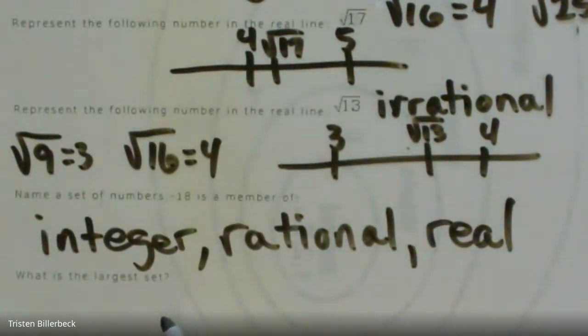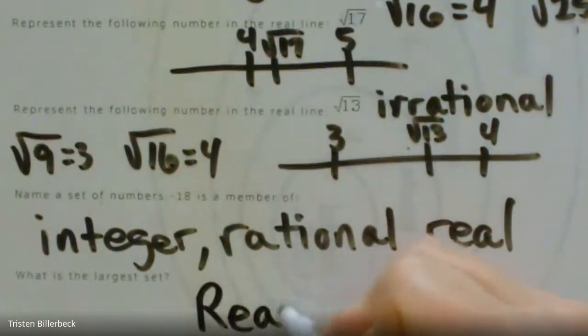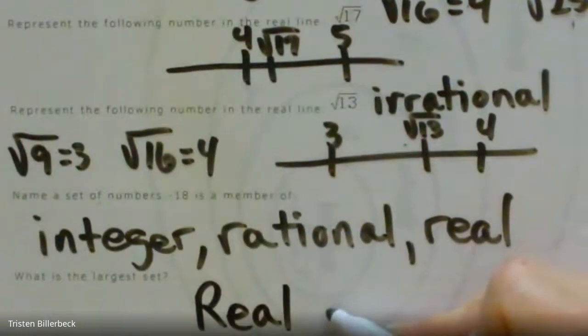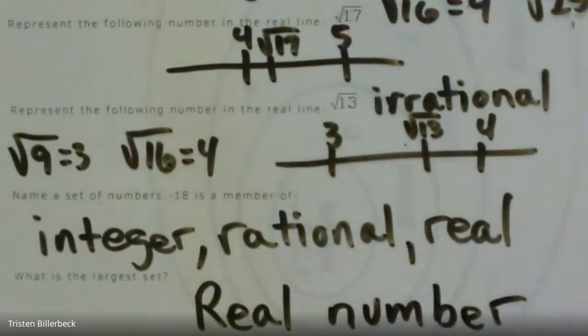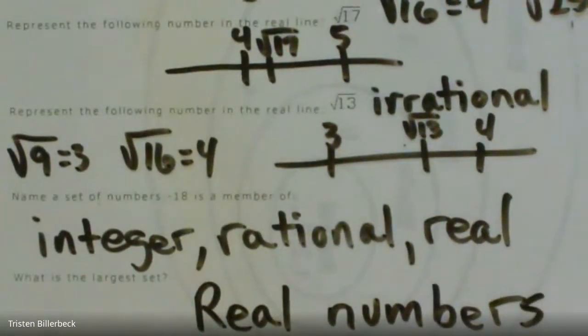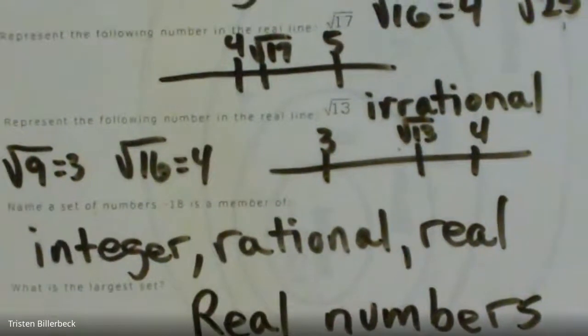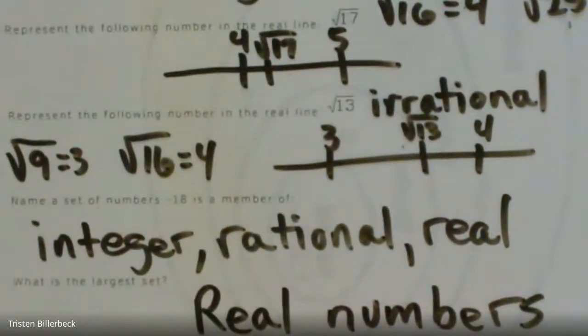The largest number set is real numbers. There are imaginary numbers. Now, name the smallest number set that 16 over 143 is a member of. Well, that's a rational number, the smallest one.